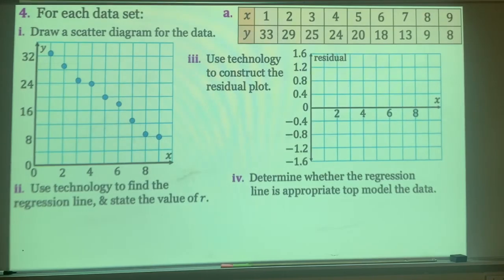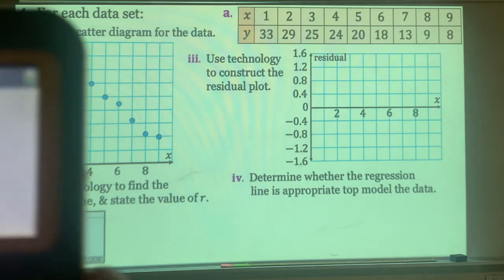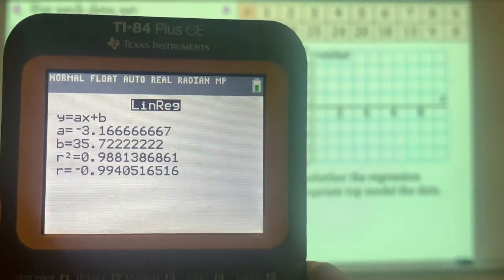Now it also says, use technology to find the regression line and state the value. So you go into Stat Calc, LinReg. You really can't see that in the bottom corner, I bet. Let me zoom in on my calculator since I spent all this time typing it in. That's really what I got.